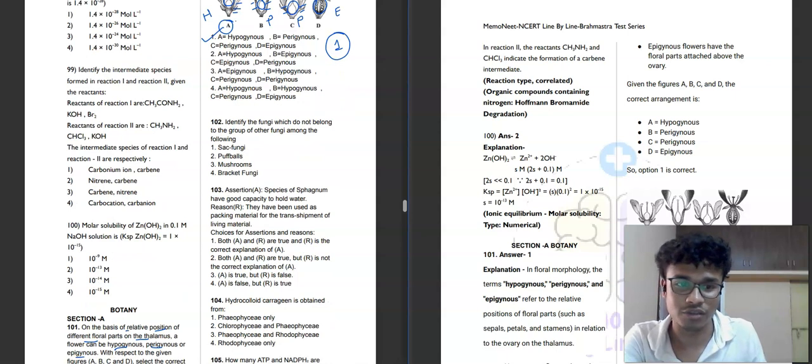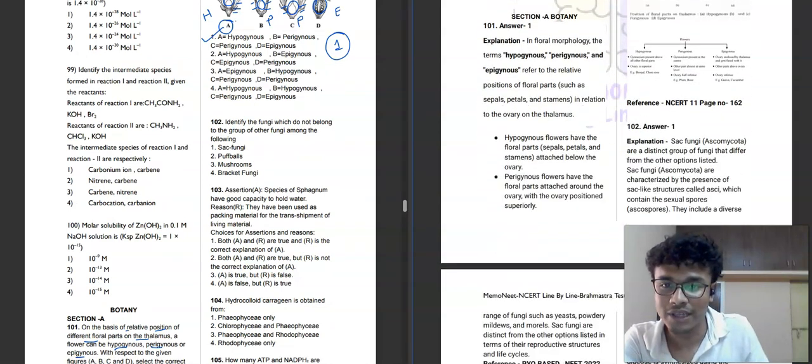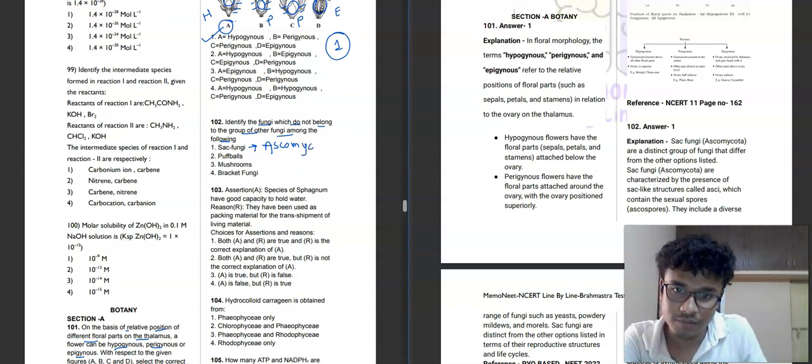Moving towards the next question, 102. Identify the fungi which do not belong to the group of other fungi among the following: sac fungi, puffballs, mushroom, or bracket fungi. So first of all, let us categorize all of these. Sac fungi is basically Ascomycetes.